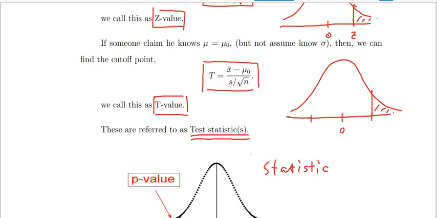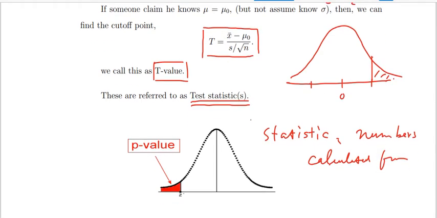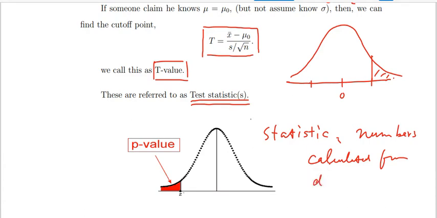One is the name of this course, statistics. The other is statistic or statistics, meaning any numbers we can get from data. Data is just a sample, right?